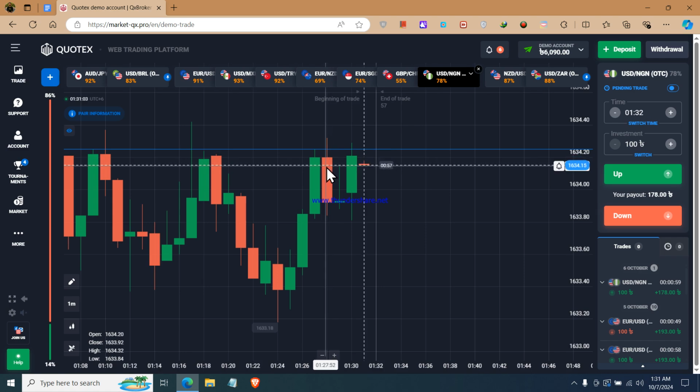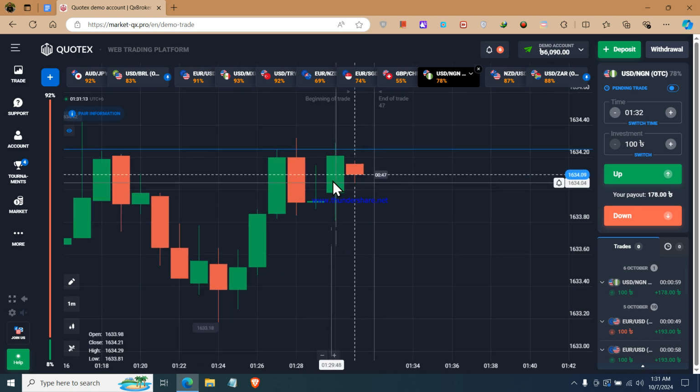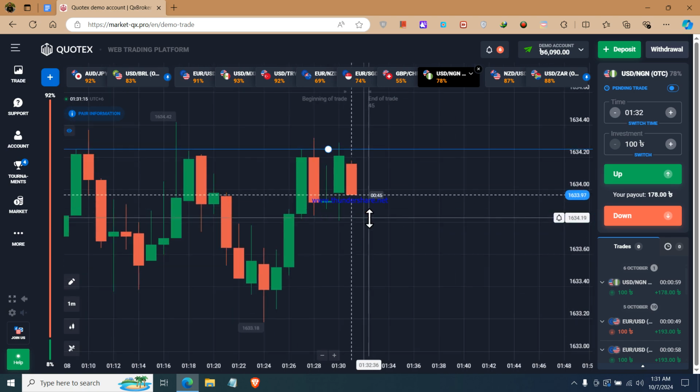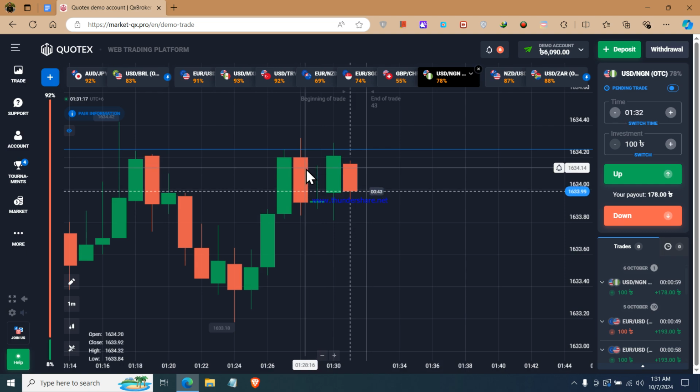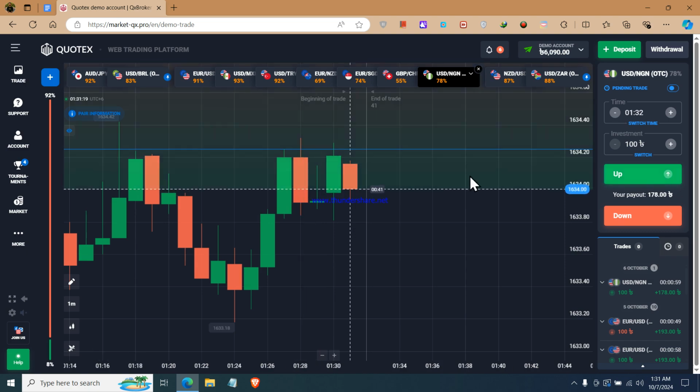Okay, so the gap down was done by, I'm not really sure which party did the gap, but the buyers broke this point, so I'm going to place my trade for call option here, but with a very good entry point.